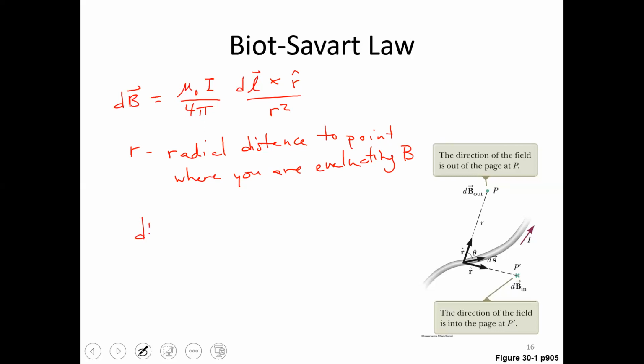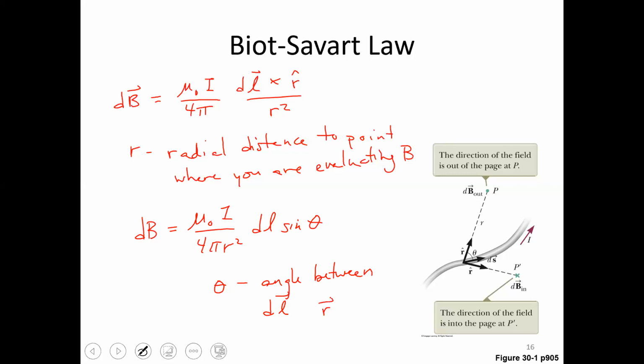And we can evaluate that further with the cross product as dl times sine of theta. So r hat just has a length of 1, that's implied in here, and theta is the angle between our vector dl, our little length of current element, and our vector r.